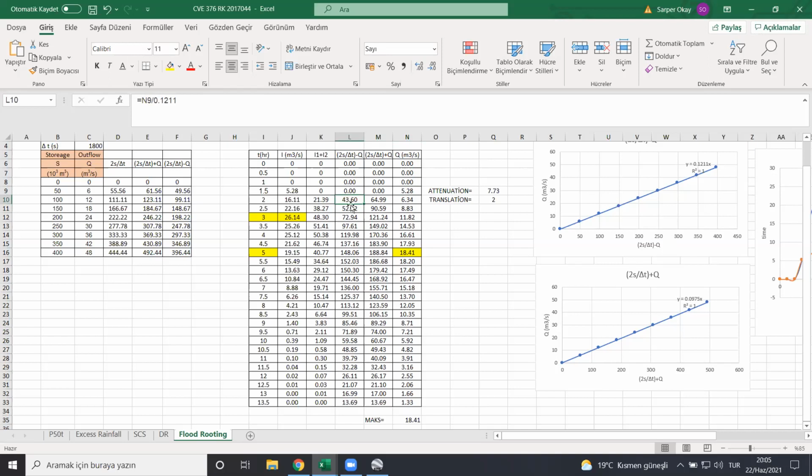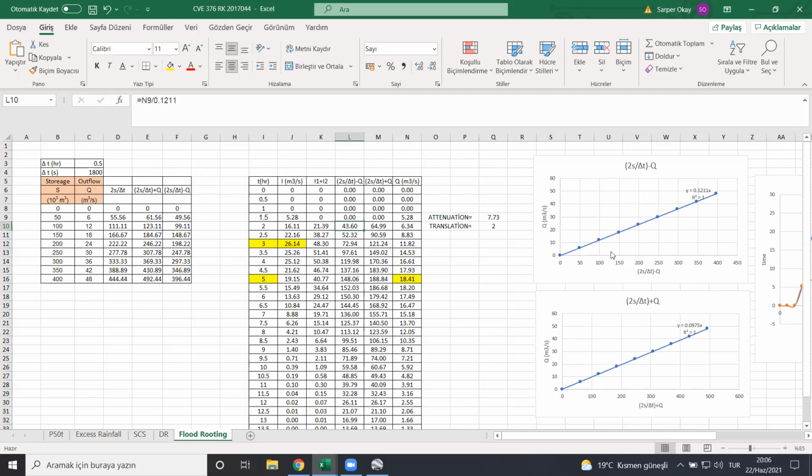You are going to take this discharge one row above, this 5.28, and you will divide it by the slope of this graph, because we are looking for this number. So you need to go to the graph which we used this parameter. When you divide it by the slope, you'll get this one, 43.60.